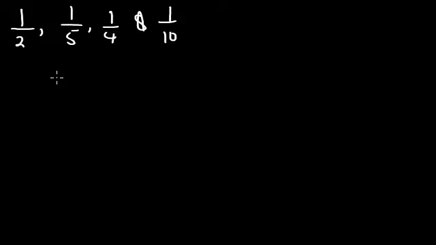So the question now should be, how do you know the smaller fraction from the bigger fraction, such that you will be able to arrange them in the expected way? Now here's what you need to know.